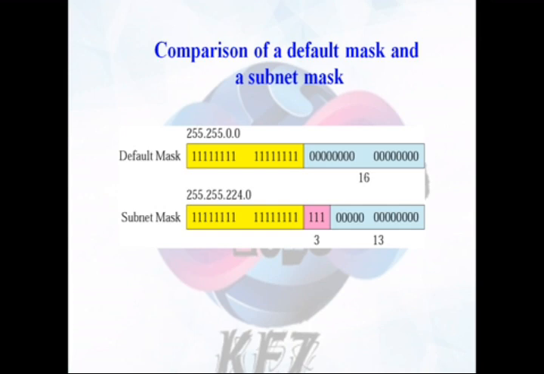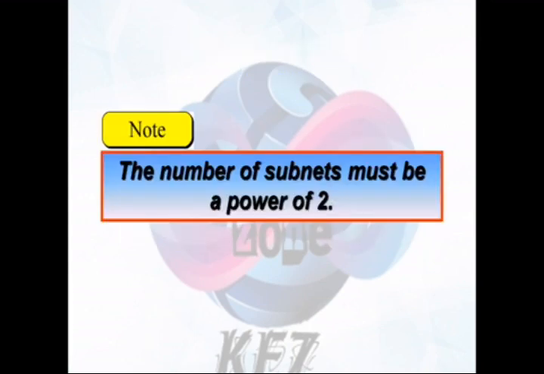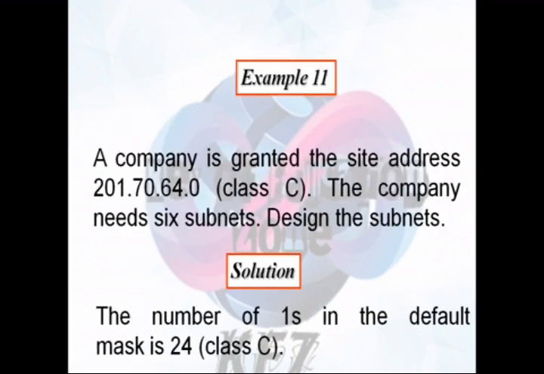Now compare the default mask and subnet mask. See here, default mask has only 2 parts and subnet mask has more than 2. That means the number of subnets must be a power of 2. That is 2 to the power, you will find. Now see another example you can follow from here.